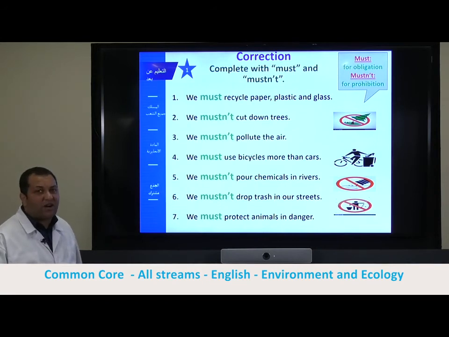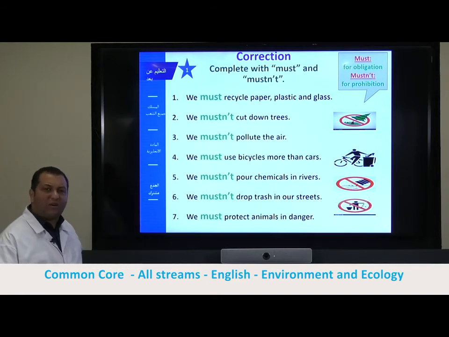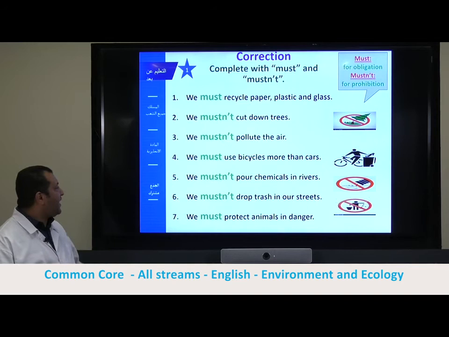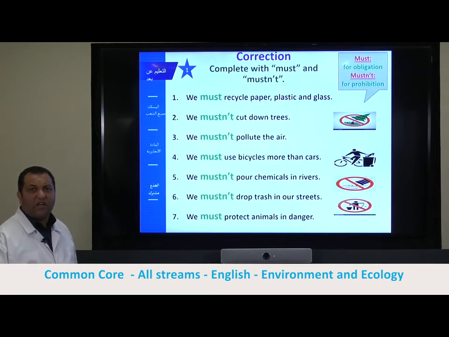Simply because cars are polluting our environment. Number 5, we mustn't pour chemicals in the river. Why? Because they pollute our rivers and they become poisoned, which may harm the fish and sea life.